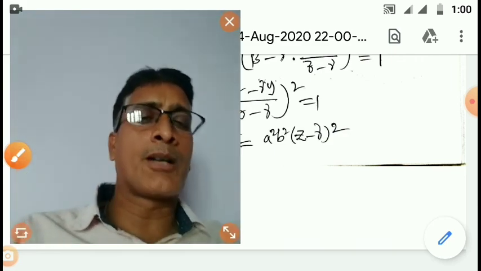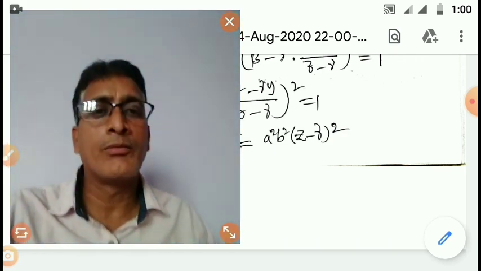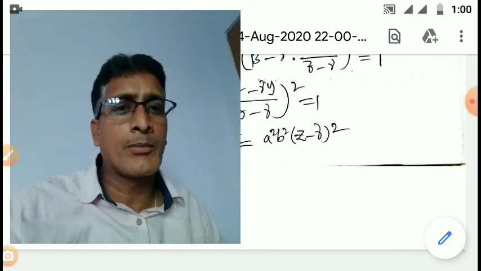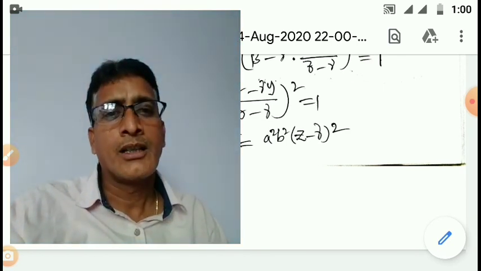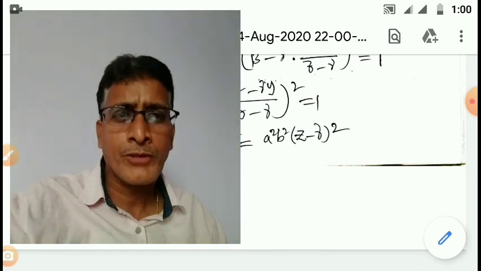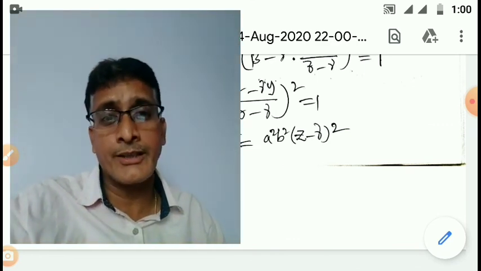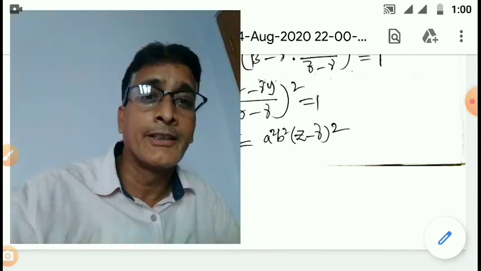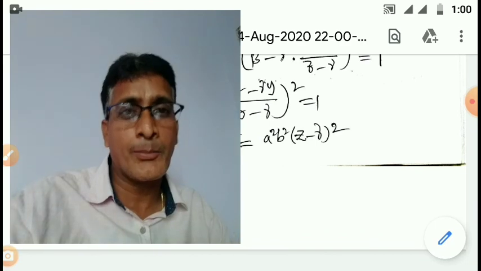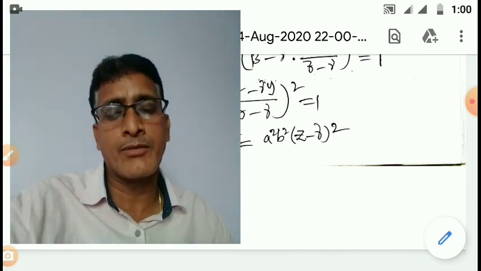So all the problems we have solved in this video are of the same type. In each problem, we have to find the equation of a cone. For that we are given the vertex and the equation of the base curve. So using these two components, we have obtained the equation of the cone.